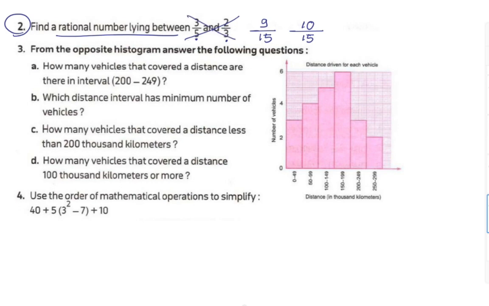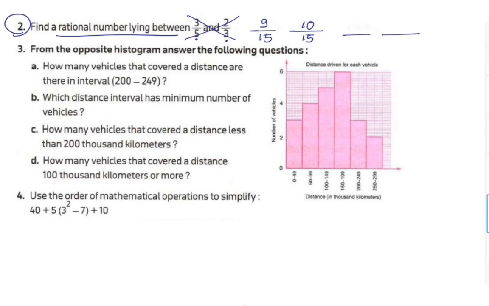Okay, now I have a new equivalent fraction, but look at the numerators: 9 and 10. There is no integer in between them. So I need to find bigger equivalent fractions.